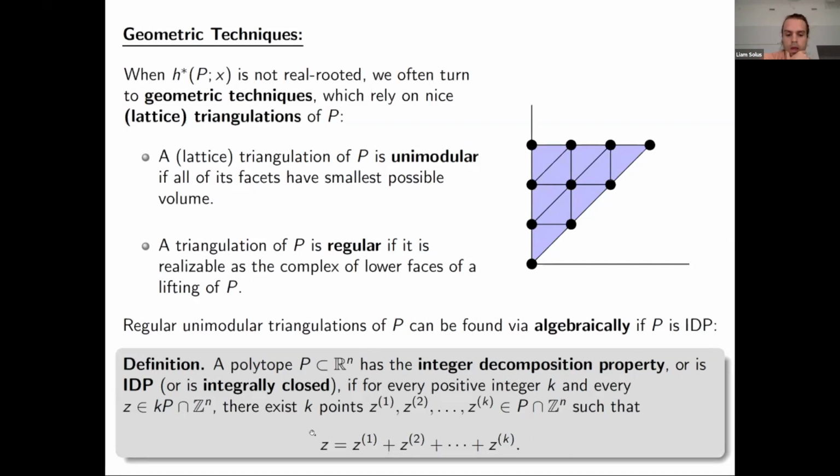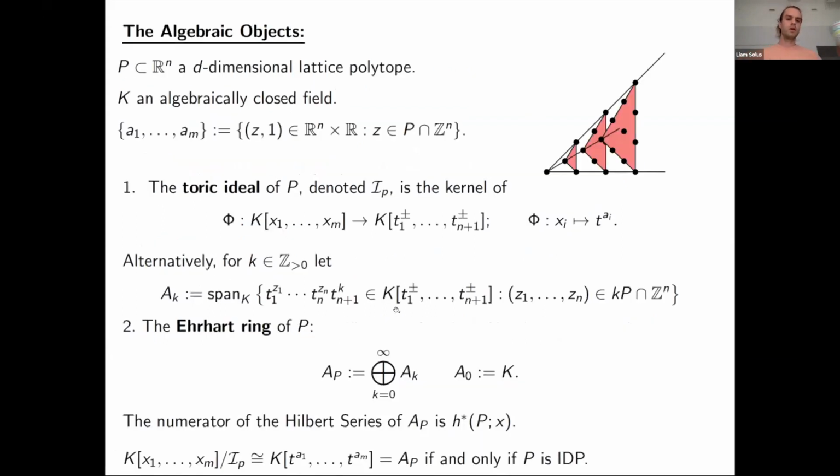So it turns out that if we have this property, then certain algebraic objects, one which is closely associated to the H-star polynomial, and another which is closely associated to regular unimodular triangulations, come together in a nice way. So what are these algebraic objects? The first one is called the toric ideal of our polytope.